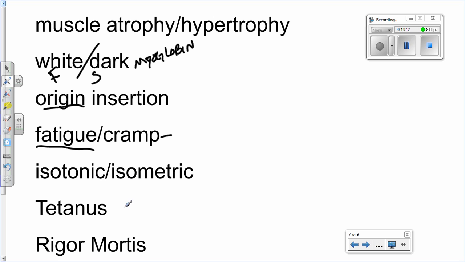Isotonic versus isometric. Isotonic is a muscle movement where you're doing it all in one motion. So something like maybe if you're doing weights in the gym, you're doing a bicep curl, that would be isotonic. Versus isometric, this is where it's a fixed set of muscle use, but you're not moving anything.